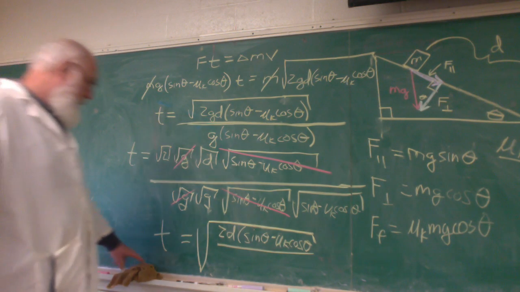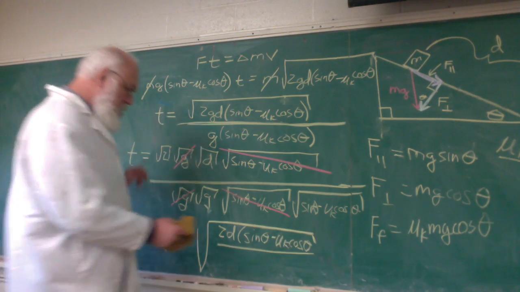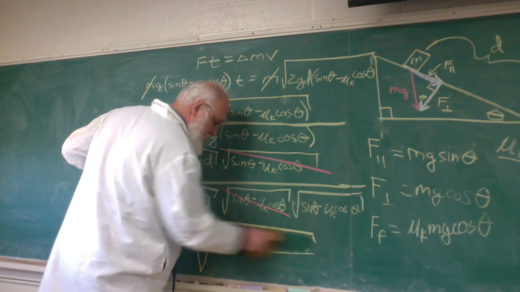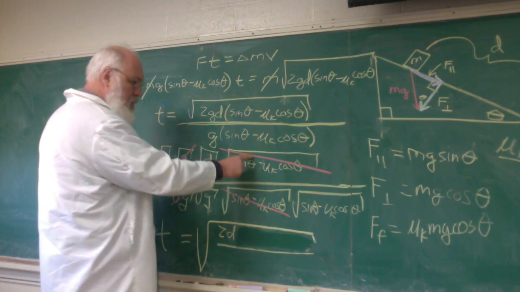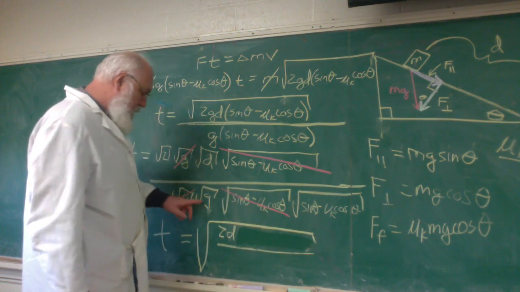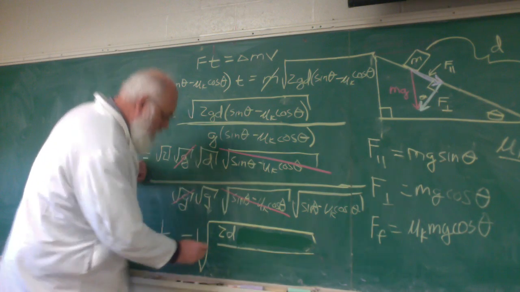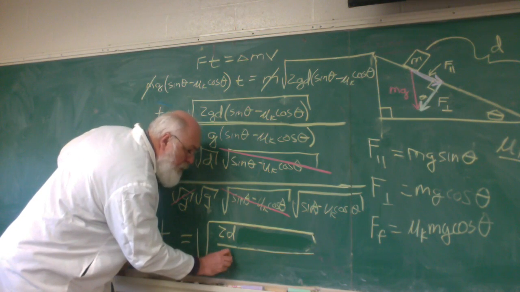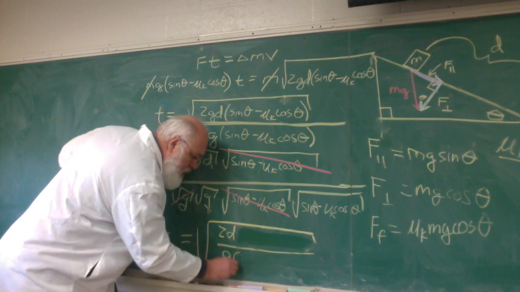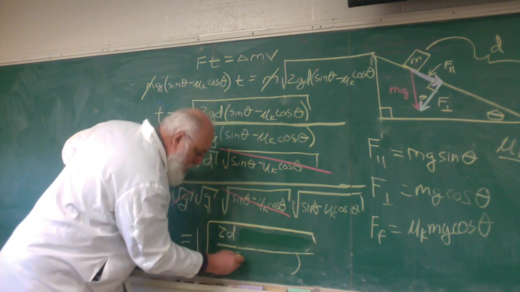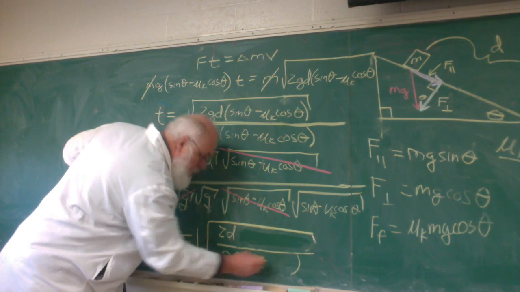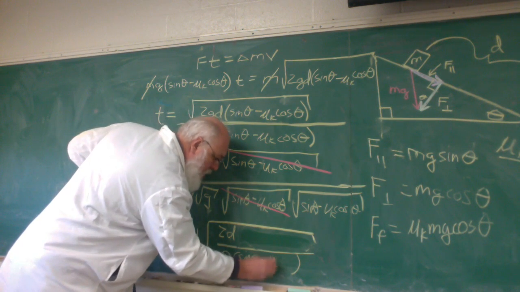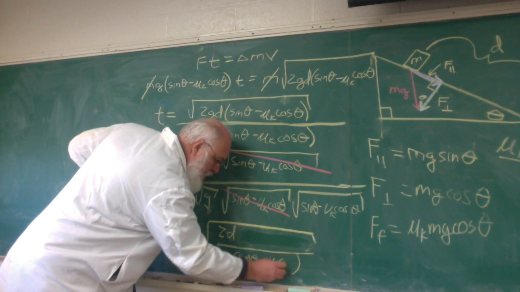I think I made a mistake here. The top doesn't have that. The top is just 2 and d, and we cancel that out. So it's the bottom, which is g, times sine theta minus uk cosine theta.